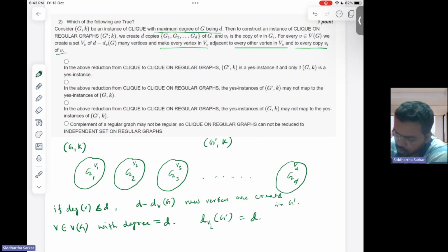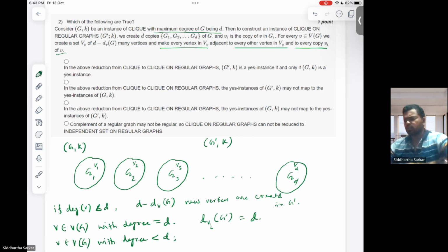Now consider a vertex v with a degree less than d in the original graph. What happens to the vertices that we introduce?